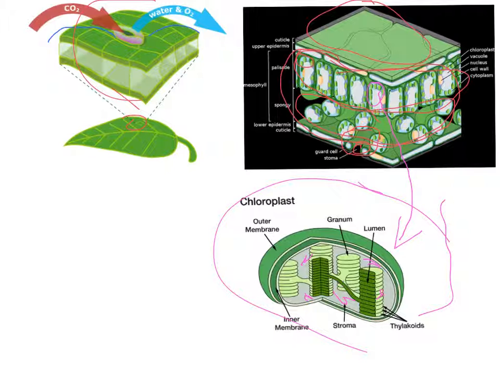And lumen, that's where it happens. It happens in the lumen. And the stack of thylakoids are called grana. And as you can see, there's a bunch of them, so it's called granum.